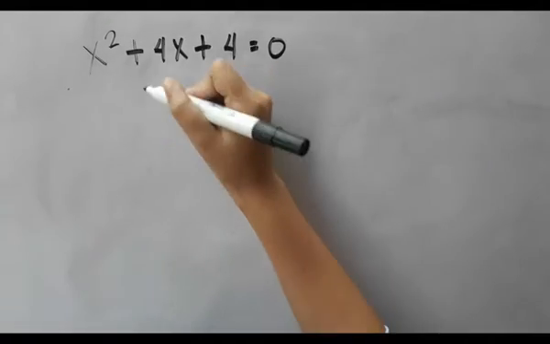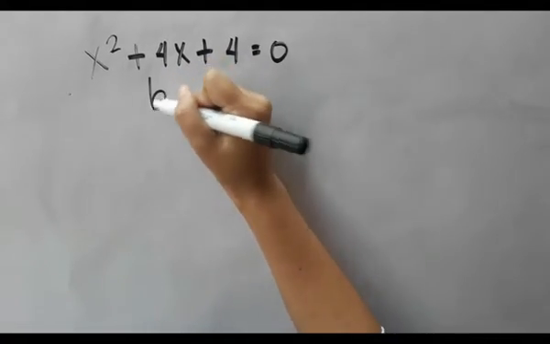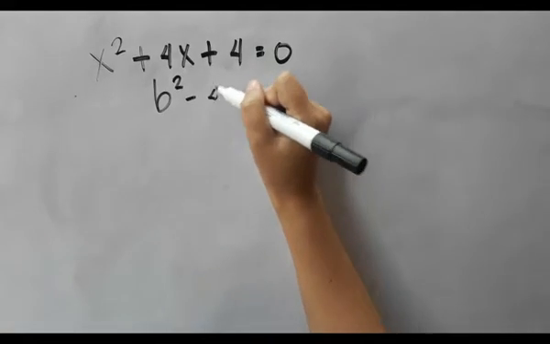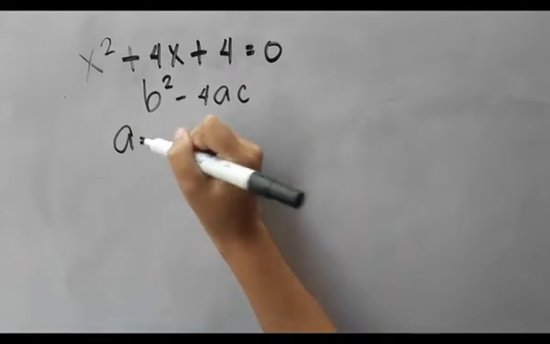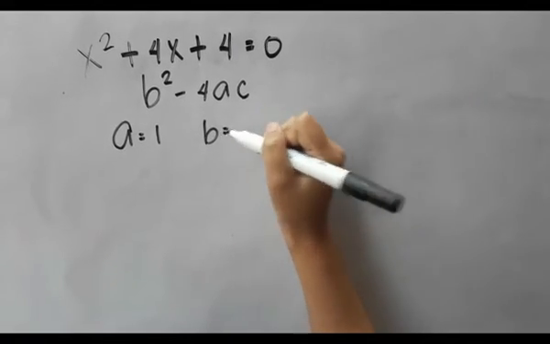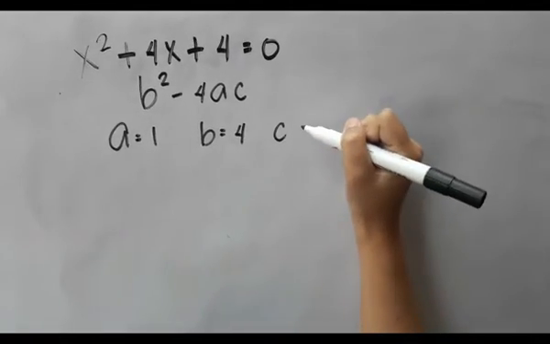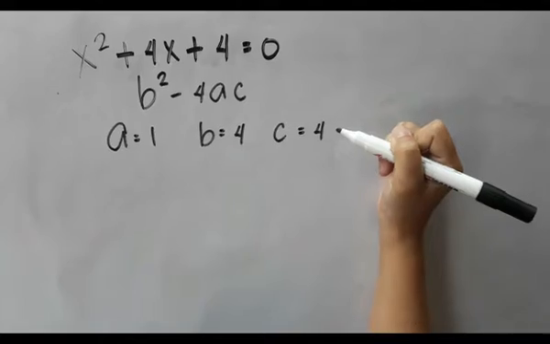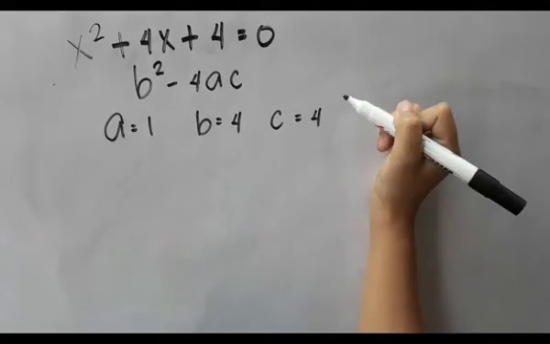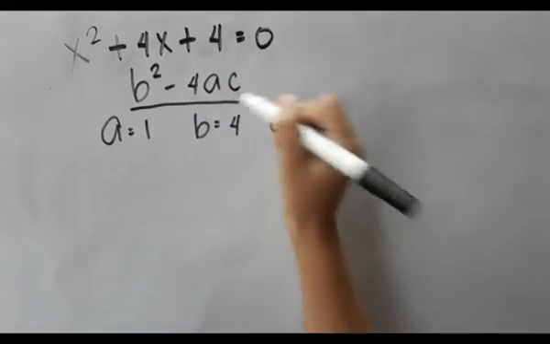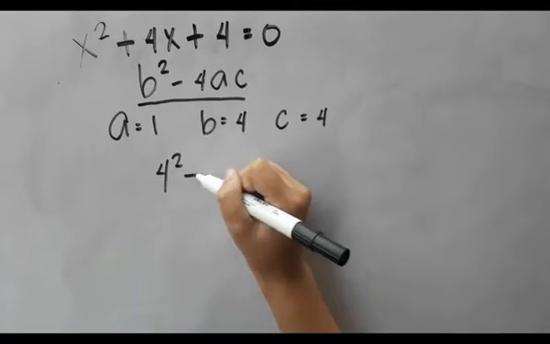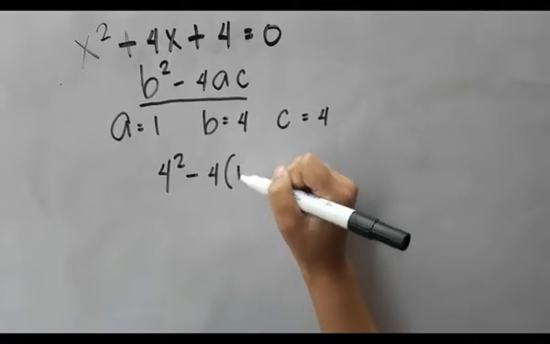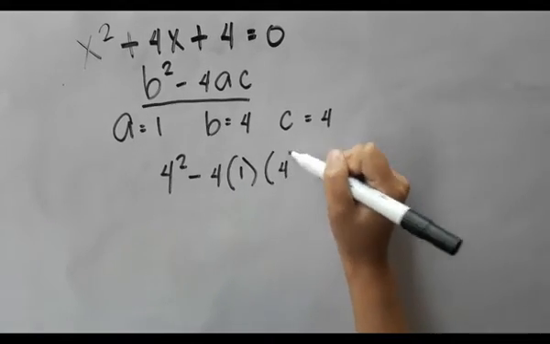Again, we have to use the discriminant formula, which is defined to be b squared minus 4ac, and the values of a is 1, b is 4, and c is also 4. Now substitute these values to the expression b squared minus 4ac. So we have here 4 squared minus 4, a which is 1, c which is 4.